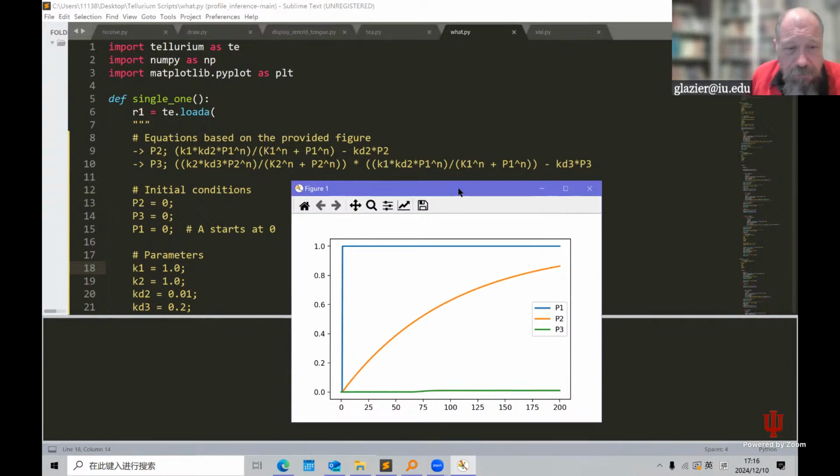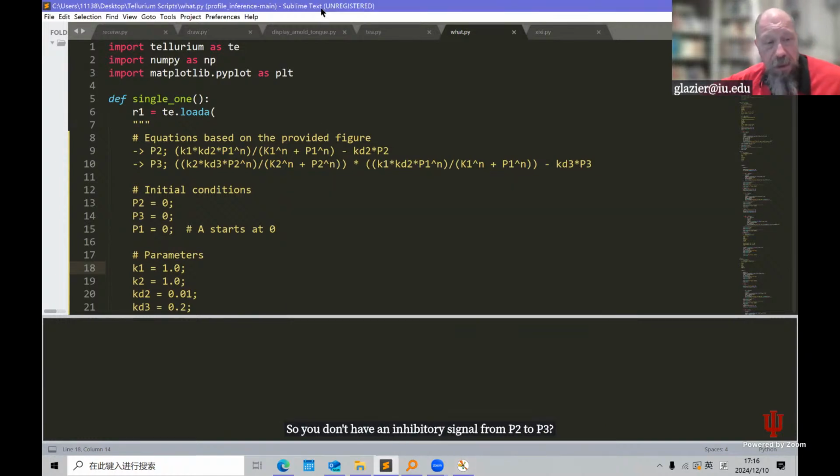You have P3 depending on activation, so you don't have an inhibitory signal from P2 to P3. If you look in line 10, you have P2 there, that's activating P3.